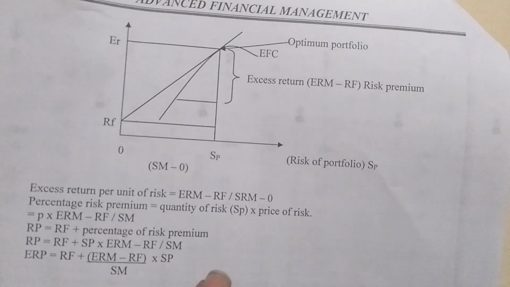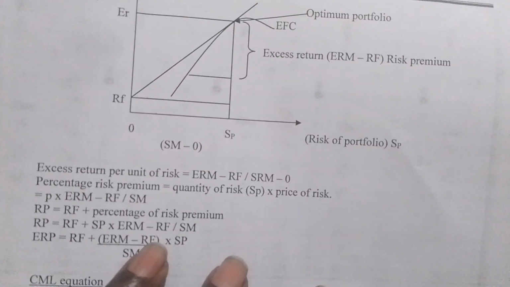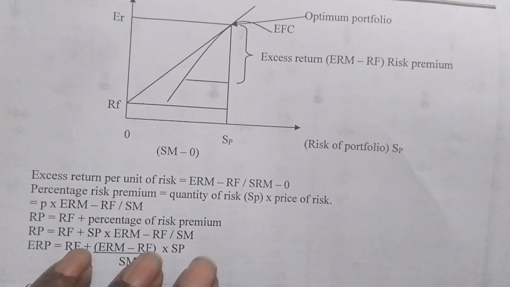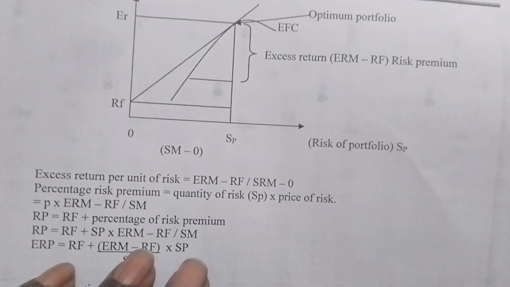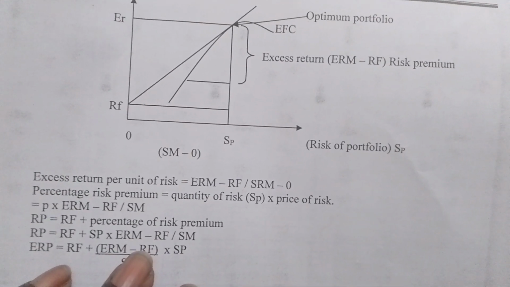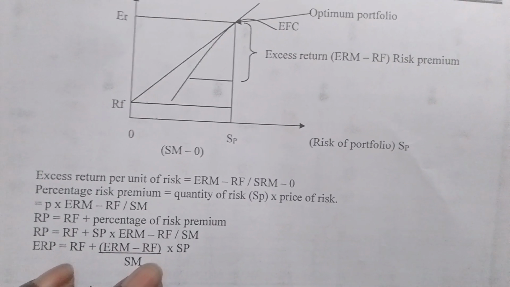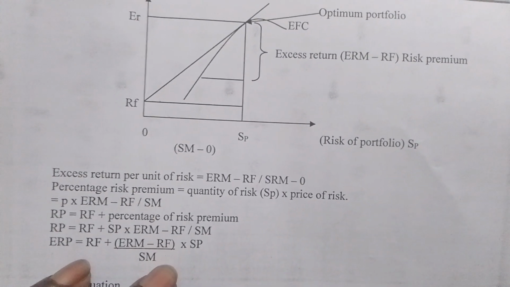understand my formula which I'll be using for calculating expected return of a portfolio. I'll be using risk-free rate plus expected market return minus risk-free rate over standard deviation of the market times the standard deviation of the portfolio.